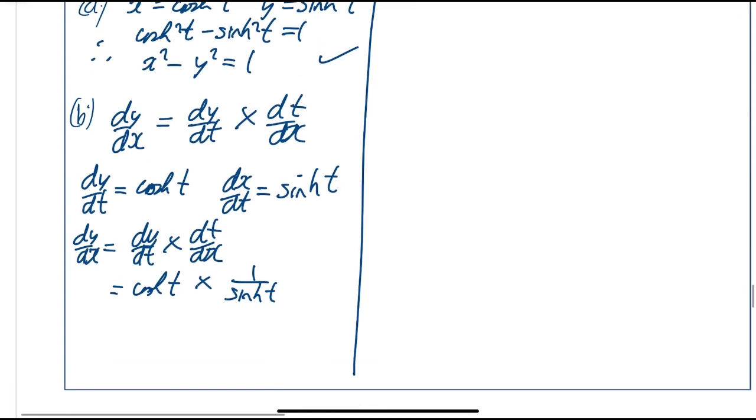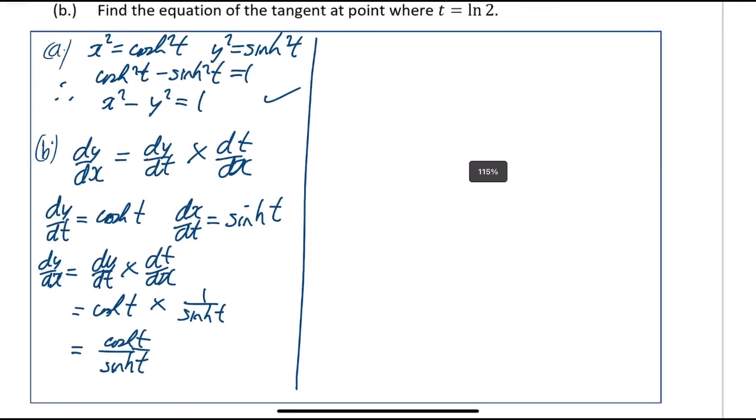It's not really going to save you a whole lot of time doing that out, so we'll just write it as hyperbolic cos of t over hyperbolic sine of t. Just leave it like that. That's probably the easiest way of doing it.